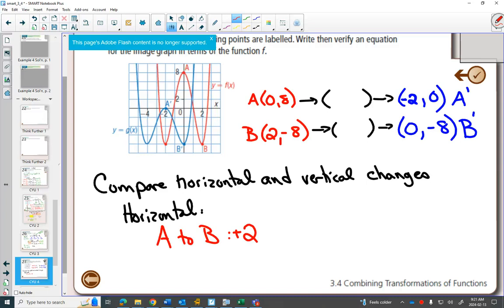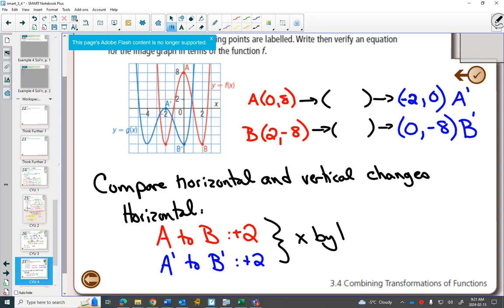And then on my blue graph, I'm going to look at the horizontal distance from A prime to B prime. So all we're looking at is the changes in the x values. Can you see when you go from A prime to B prime, your horizontal change is still +2. Since your horizontal distance hasn't changed, we could say that your x values have to get multiplied by 1 because they're not changing. That's going to tell us that there is no horizontal stretch or compression.